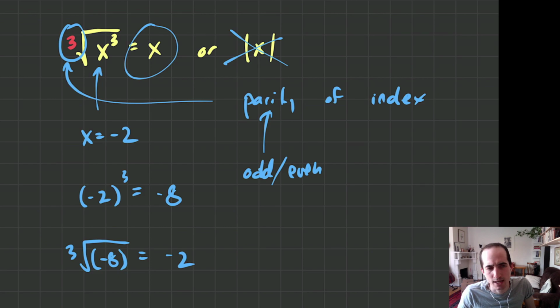Like -1 times -1 times -1, 3 negatives, I would get a -1 back. But if I did 4 negatives, like -1 times -1 times -1 times -1, I get a +1. So we'll talk about that tomorrow. But certainly the odd or evenness of our index has a lot to do with the process that we do when we're simplifying these radicals. A good question.